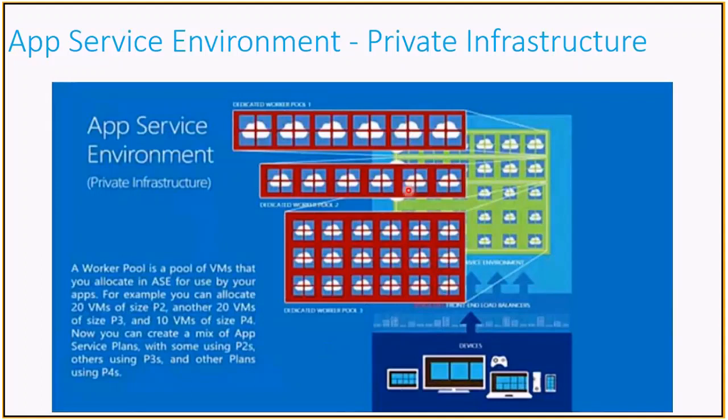Each pool will have different sizes as well, to accommodate each of your requests. If you want to spin up an app which consumes very low bandwidth and CPU, then it should go and sit in that particular VM role.